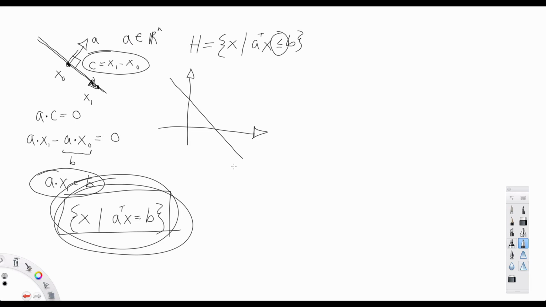But then depending on the directionality of the inequality, one side of this plane is going to be in the set and one side is not going to be in the set.